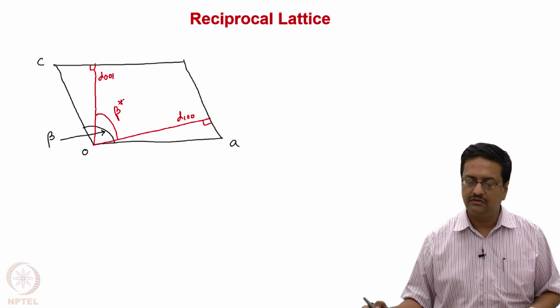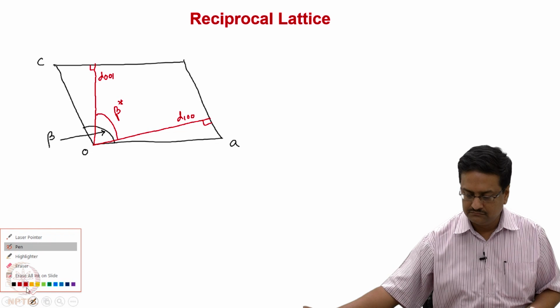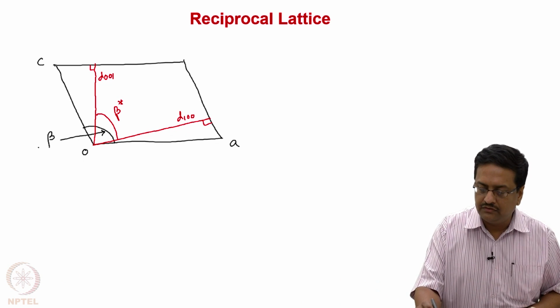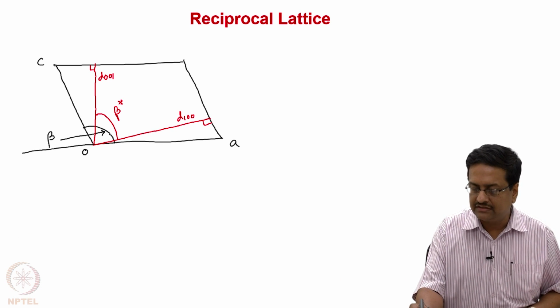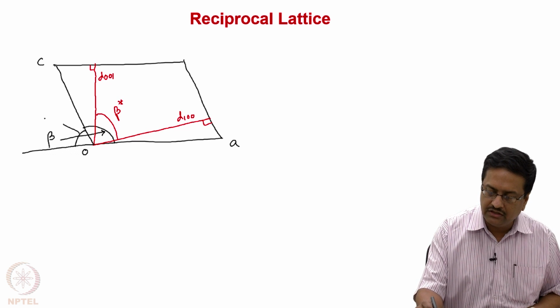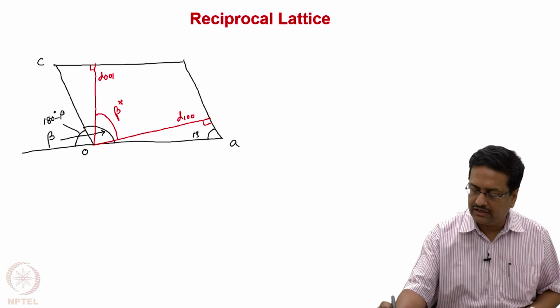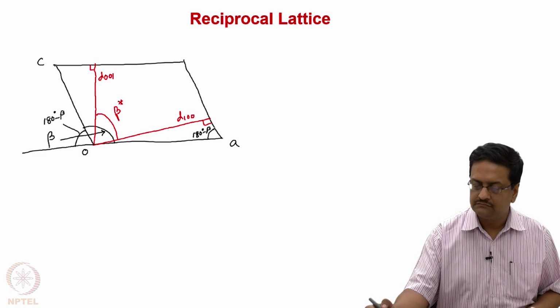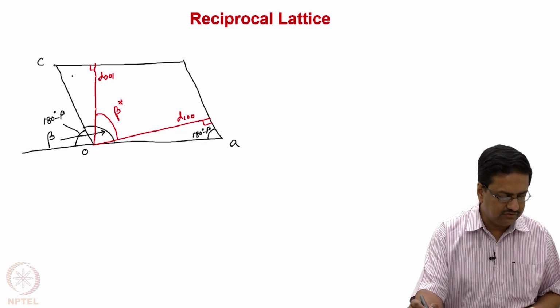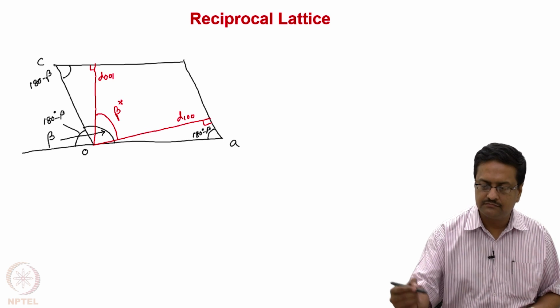So now, if the angle on the other side is beta, then the angle here is 180 degree minus beta, which is the same as this angle 180 degree minus beta, and this angle is also 180 minus beta.